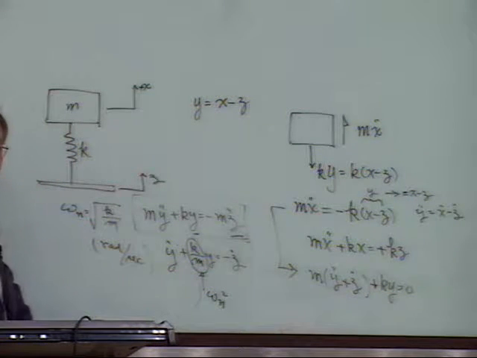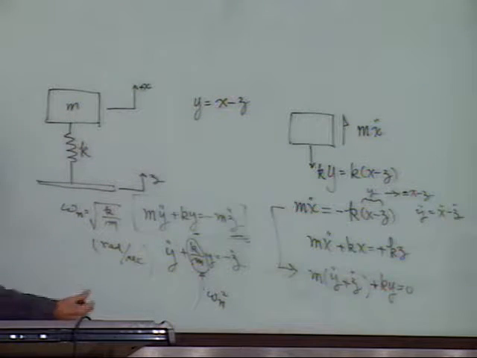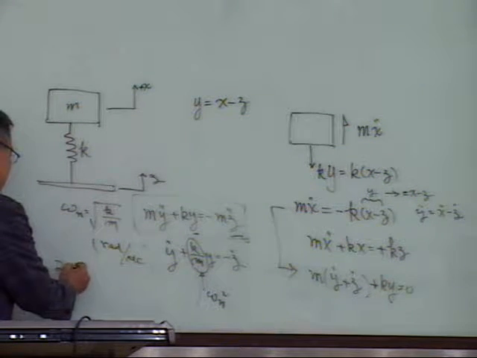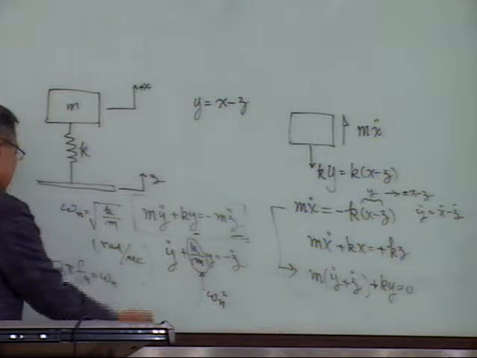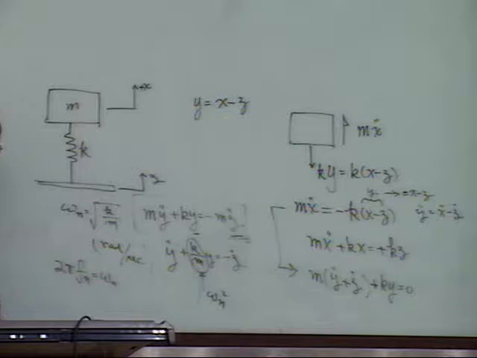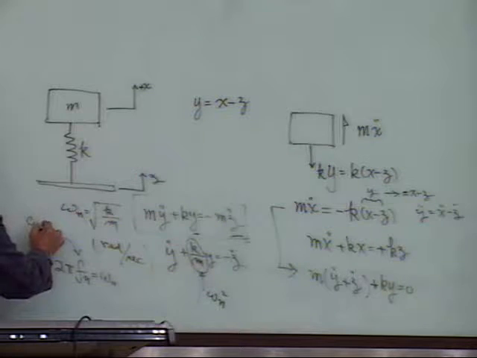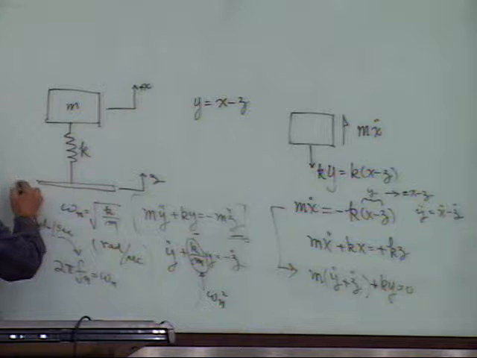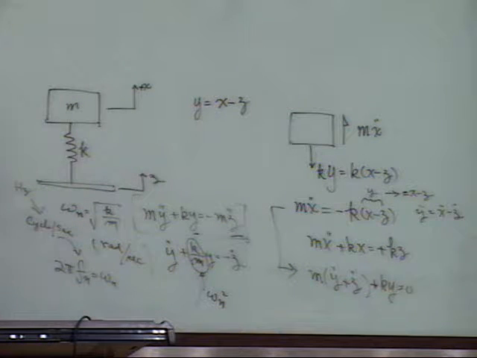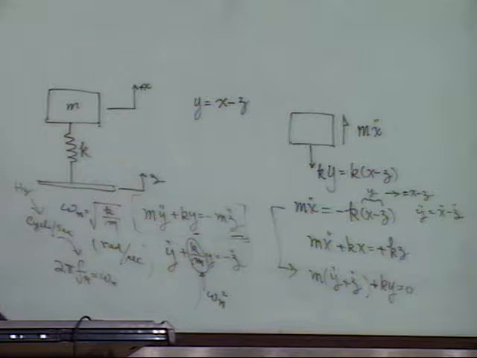And what's the relation between omega and fn? Just keep reminding, same thing over and over again. 2 pi fn is equal to omega n. Right? So fn is what? Cycle per second, or you call this a hertz. So that's what this is all about for base excitation.